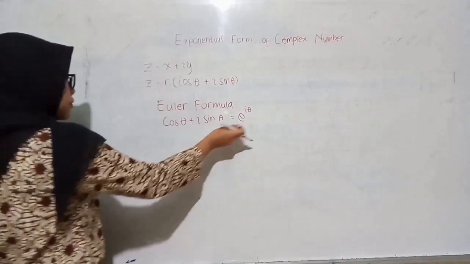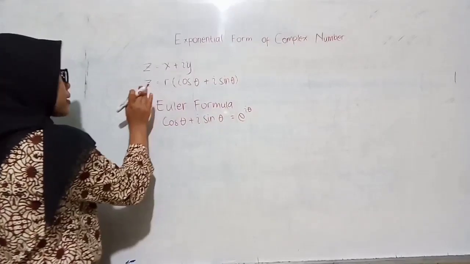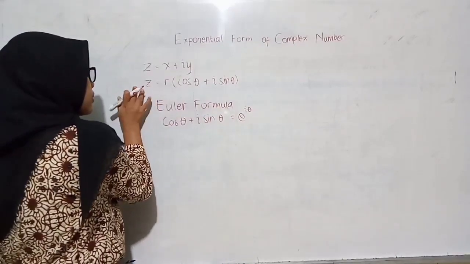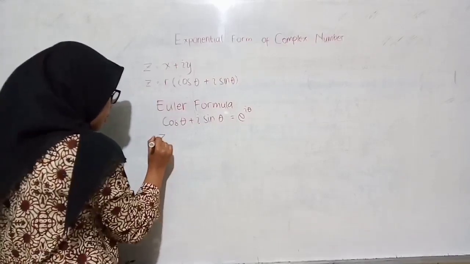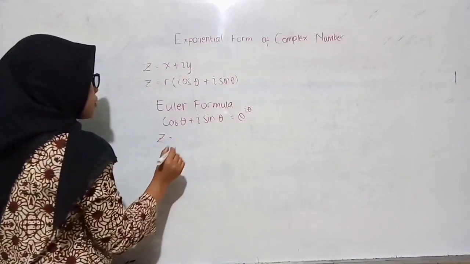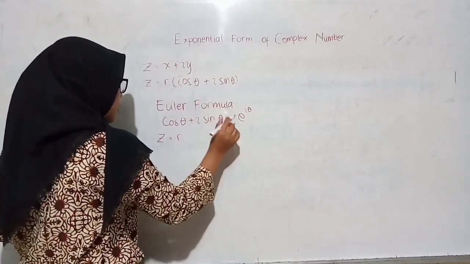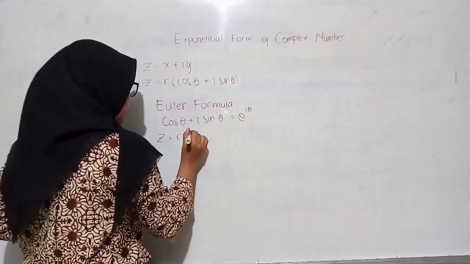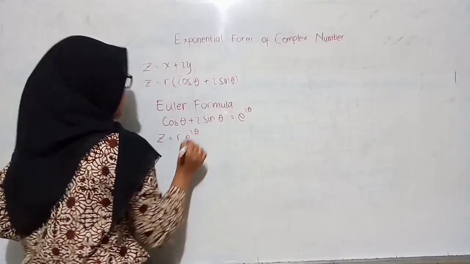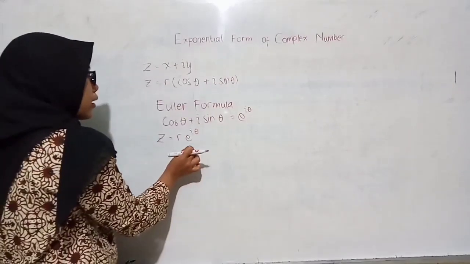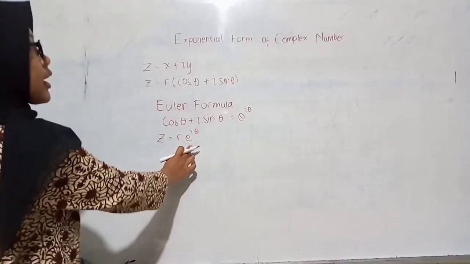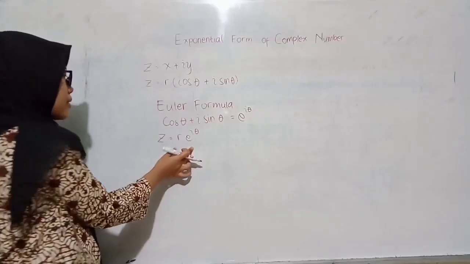From this formula, we can simplify the polar form. It can be Z equals R e power i theta, and this form is what we call the exponential form of complex number.